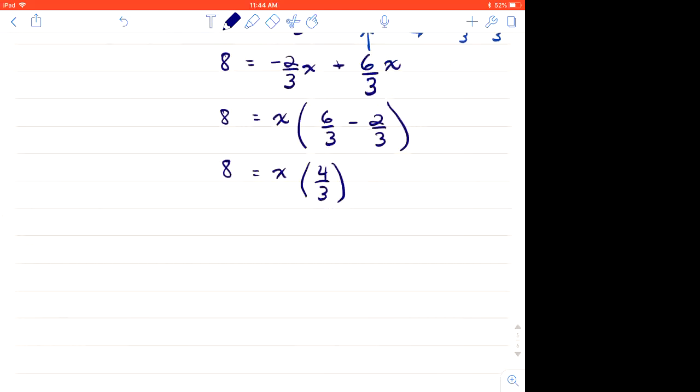But now I've got 8 times 3 divided by 4, multiplying by 3, dividing by 4, or basically flipping the fraction and moving it to the other side. So x must be 8 times 3 divided by 4, which we found accidentally, but I do need you to show your work. Show that you can find these points of intersection.